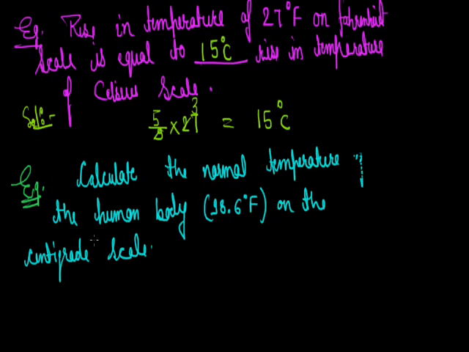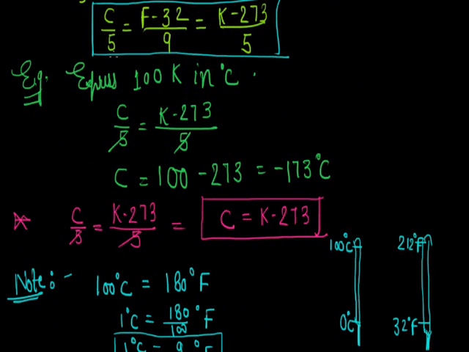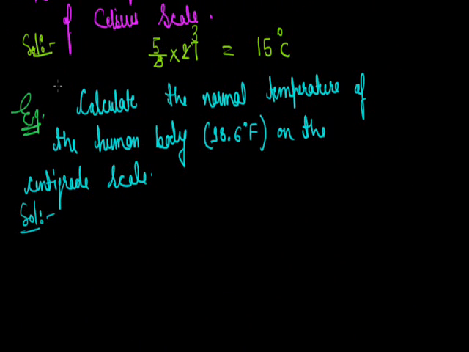So simple. Always remember, if you want to change the temperature from one scale to another scale, we have one formula having three terms. In this question we have to convert Fahrenheit into centigrade, so we can use two terms from that formula, which are C by 5 equals F minus 32 by 9. So in this case we can write C by 5 equals F minus 32 by 9, as F is given as 98.6, and C is unknown.